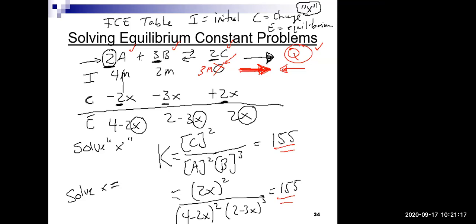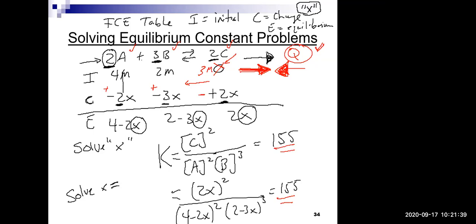If it wasn't heading towards the product side and it was actually heading the opposite way towards the reactant side, what that would affect is that it would be going in this direction, which means this one would be negative and these would be positive. So that is the second place where it occurs, kind of less common, but it does happen.